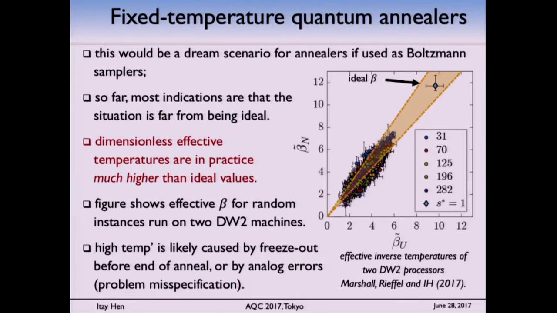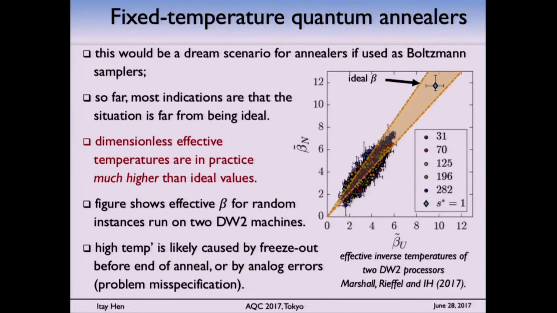But even then, so far the experimental indications are that that's not really what's happening. So you would hope that the thermalization will occur at the end of the anneal, but in fact it does not.